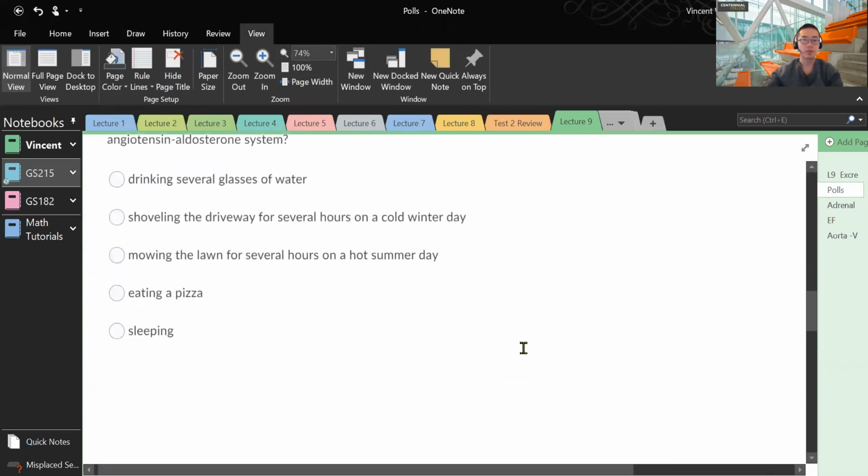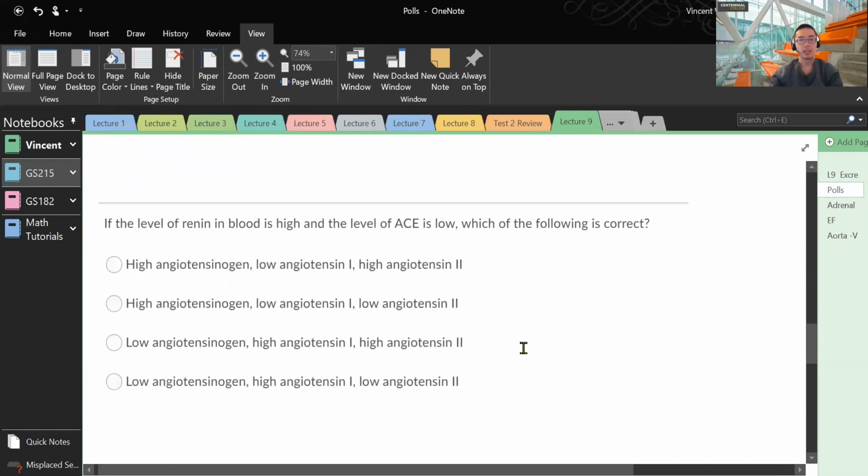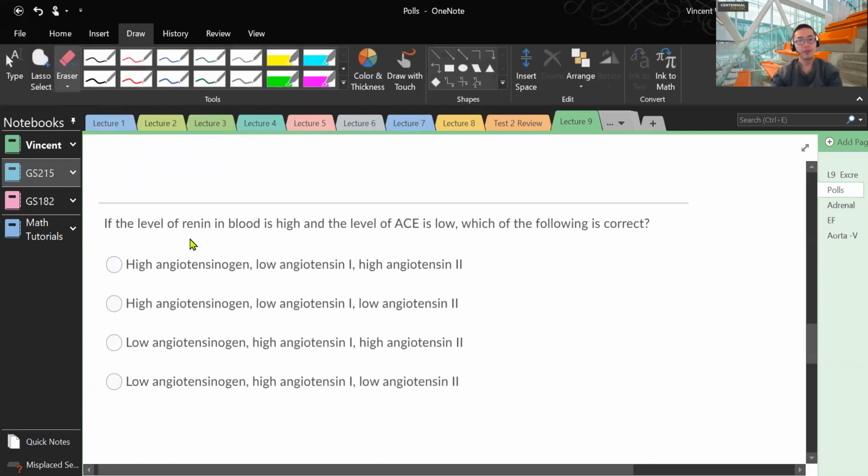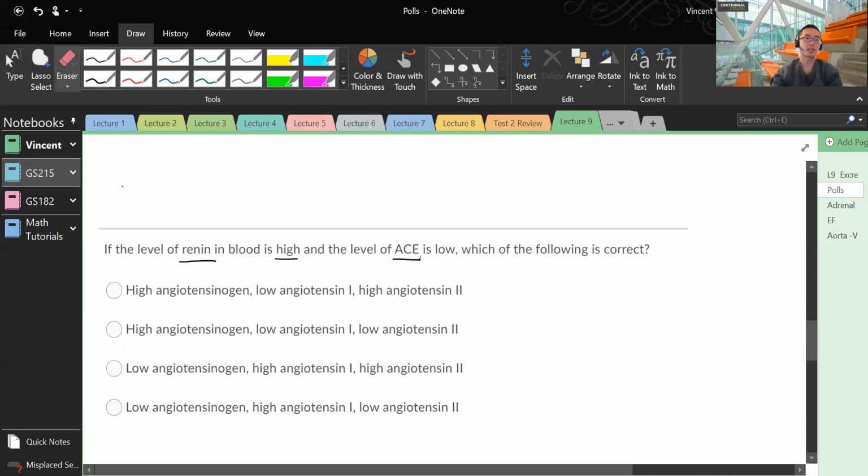Okay, so here's a question you might see on the test. If the level of renin in the blood is high and the level of ACE is low, which of the following is correct? Let's think about what we wrote down earlier.